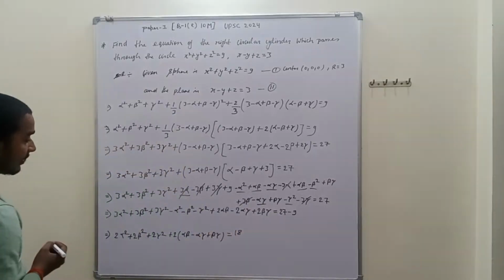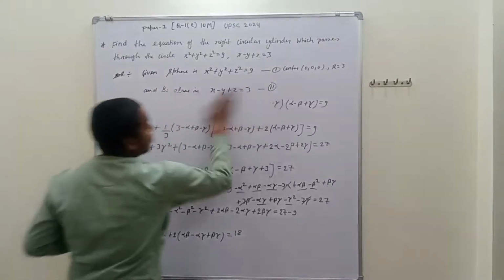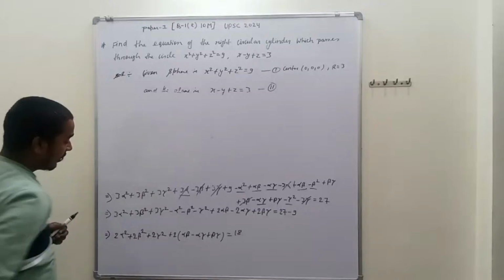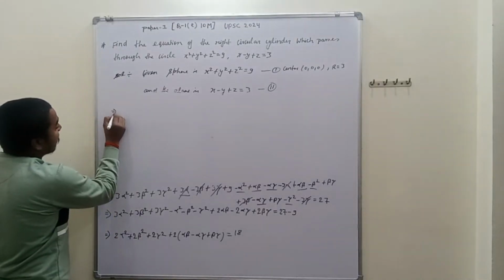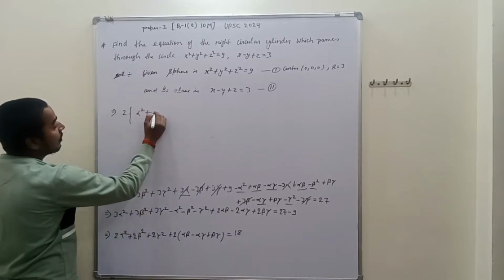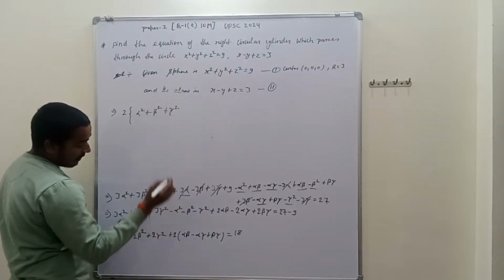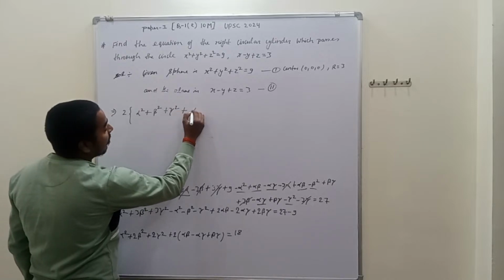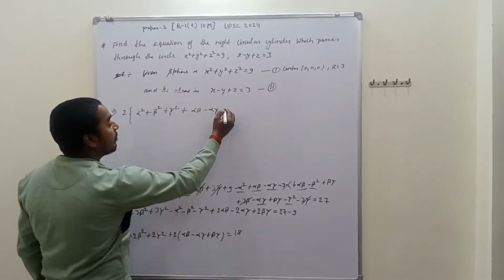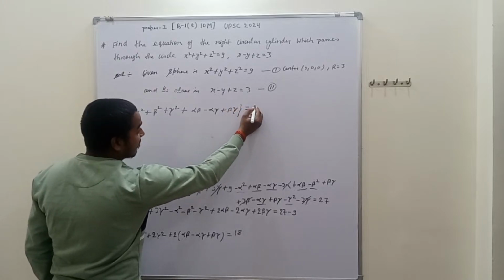Taking 2 common from the left hand side, that is alpha square plus beta square plus gamma square and plus alpha beta and minus alpha gamma and plus beta gamma is equal to 18.